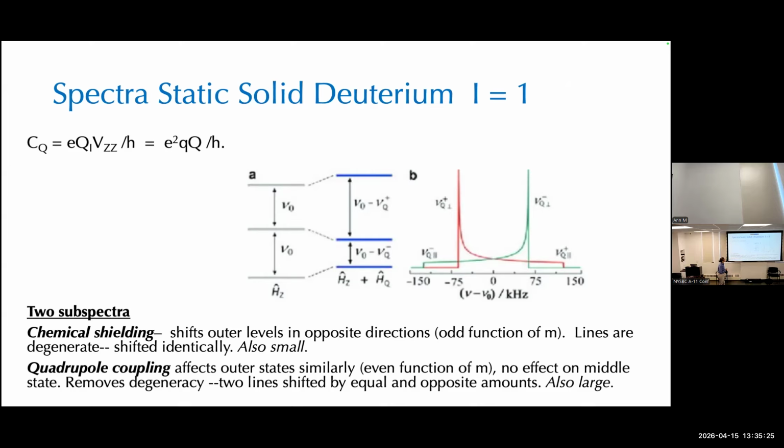Again, it has to be a ladder where the angular momentum changes by one. So you go from 0 to +1 or 0 to -1 in terms of projection along Z. That's what those 3 levels represent.